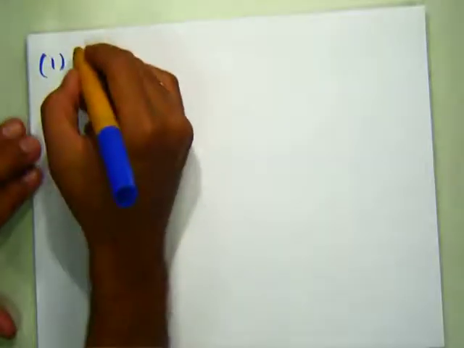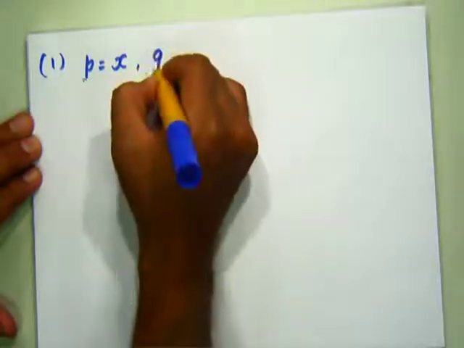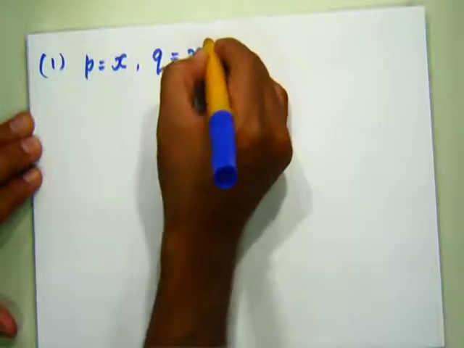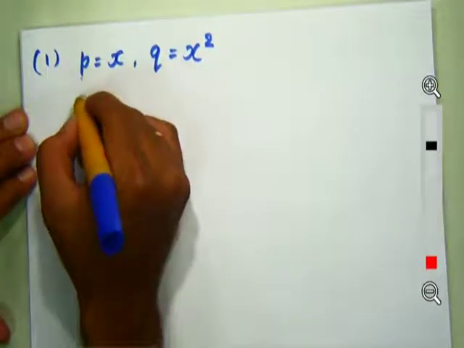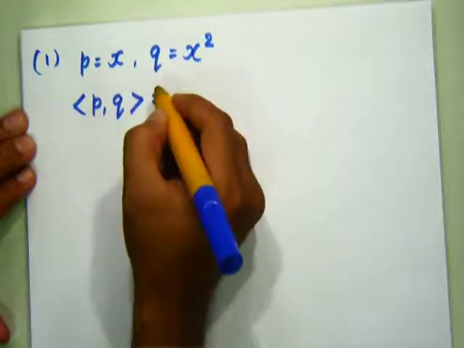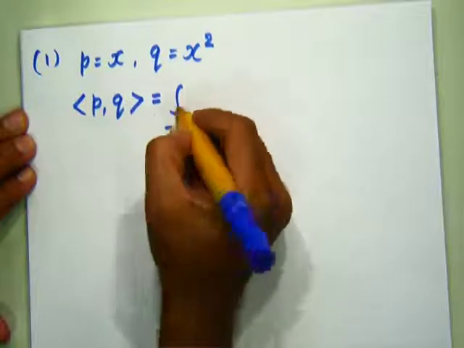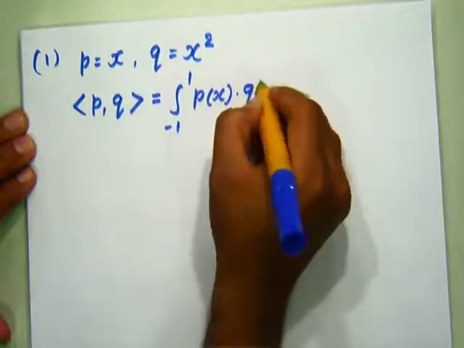For the solution of the first example, here we have p equal to x and q equal to x square. And inner product of p with q is defined in this way: integral from minus 1 to 1, p of x into q of x dx.